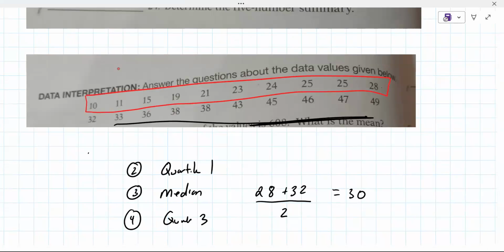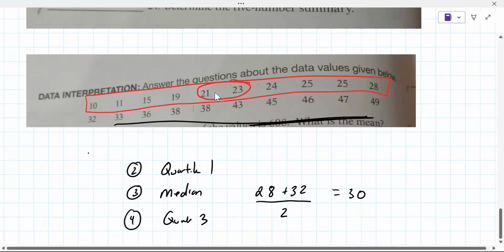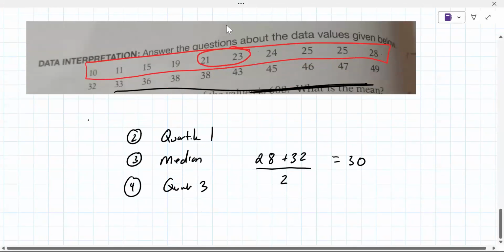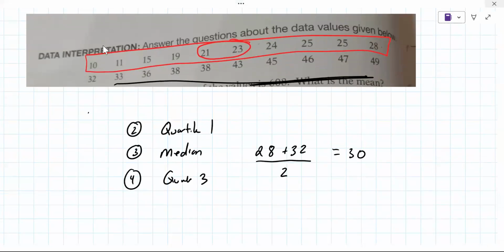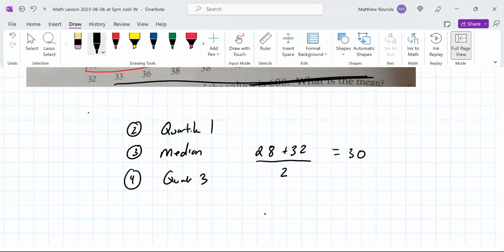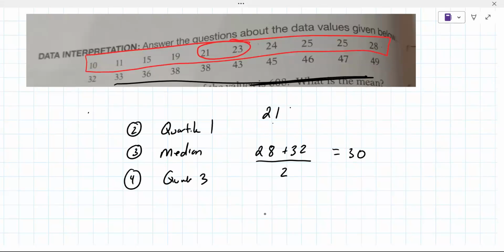Do you see that there are two middle numbers this time? Two middle numbers because there's 4 below and 4 above. So to find quartile 1, you take 21 plus 23 and divide it by 2. What does that become?